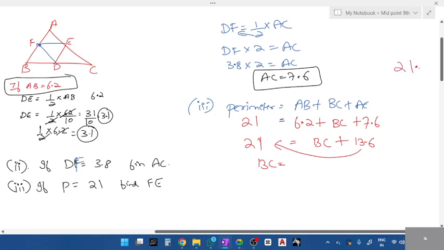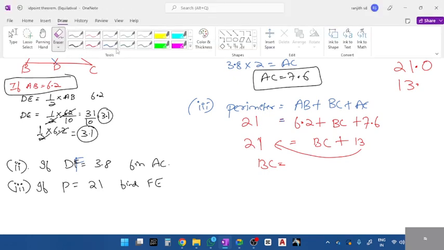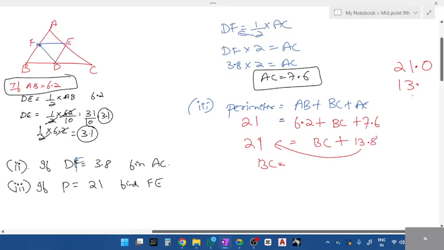Right, like this. 21.0 minus 13.8. Yeah, borrow from this. If you borrow from 20, it becomes 21, it becomes 20. 10 minus 8 is 2. 7.2 is the answer. What's the answer? All of you got 7.2.